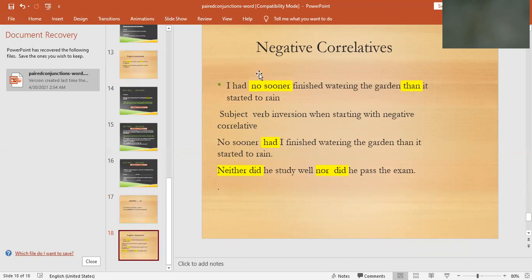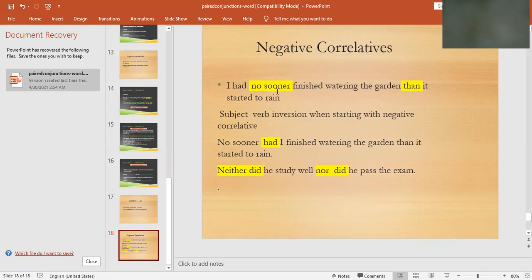Again, we are talking about negative correlatives with examples. I had no sooner finished watering the garden than it started to rain. You see, I had no sooner finished: subject, verb, had finished, and you see no sooner sits between the two parts of the verb had finished.